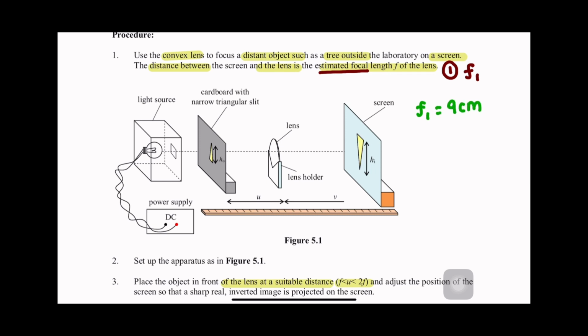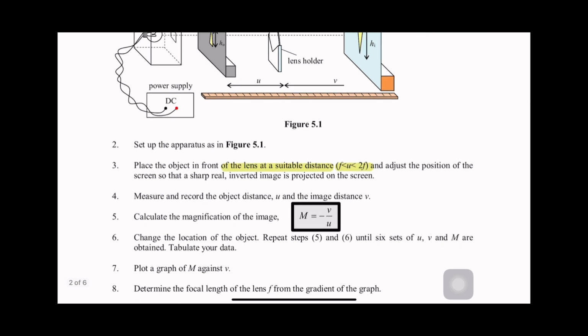Bila dah estimate tadi yang 9 cm tu, untuk eksperimen yang you jalankan untuk dapatkan focal length kedua, iaitu yang menggunakan apparatus, awak nak tentukan object distance tu mesti di antara range, kurang daripada 2f, 18. Means that jarak you mesti di antara 9 sehingga 18. Maksudnya kurang dari 18, means that 17 lah. Dan tak boleh lebih daripada 9.